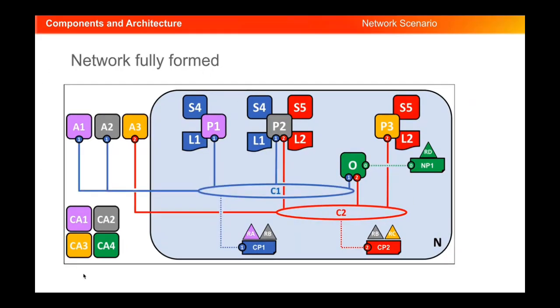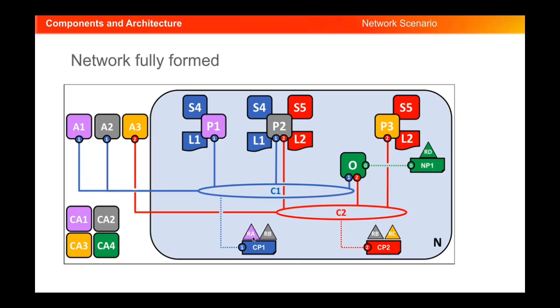Now, this is a fully formed network which combines both the channel creations and everything else that we have talked about in the previous slides. I'll summarize anyway. As you can see here, you have two consortiums.